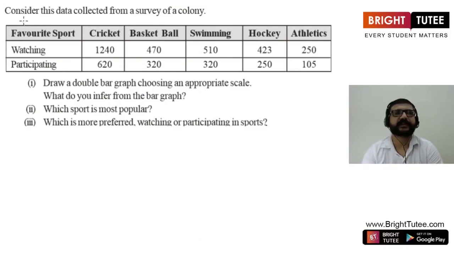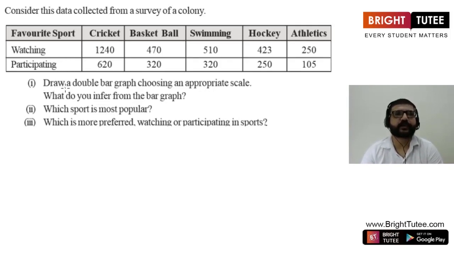So the question here is, consider the data collected from a survey of a colony. This data is representing favorite sport: cricket, basketball, swimming, hockey and athletics. And it is representing the number of people watching the sport and the number of people participating in the sport.